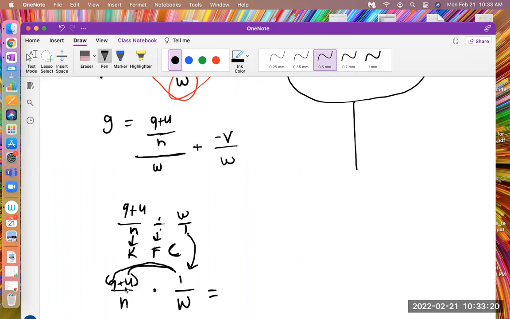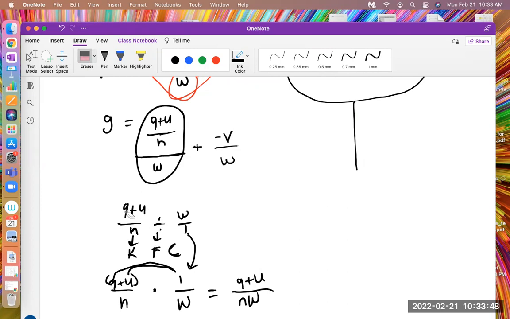It's not really that important here because we're multiplying by 1, and whatever you multiply by 1 is just going to be itself, right? So it's q plus u, and then on the bottom it's going to be n times w. So that's what we get when we're done dividing and simplifying this part. Everything simplifies to q plus u over n, times 1 over w.